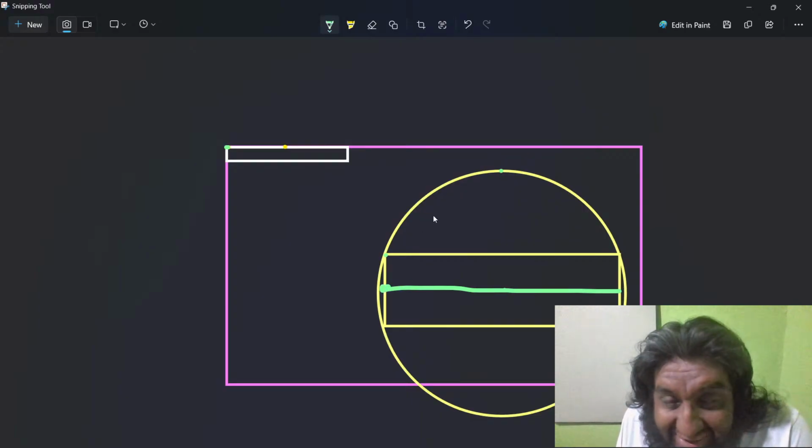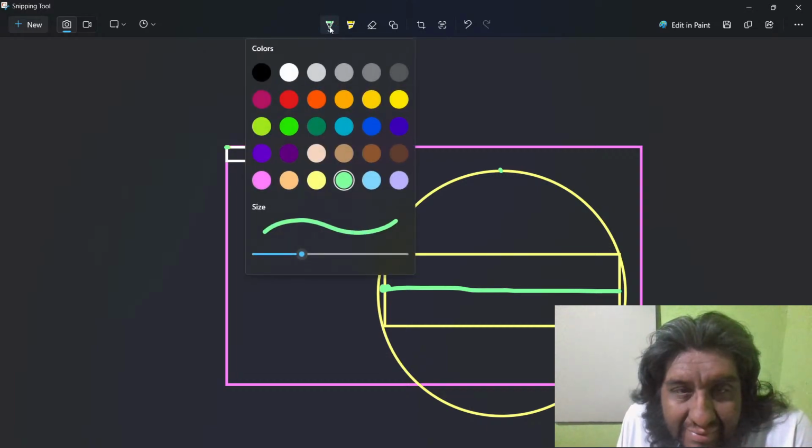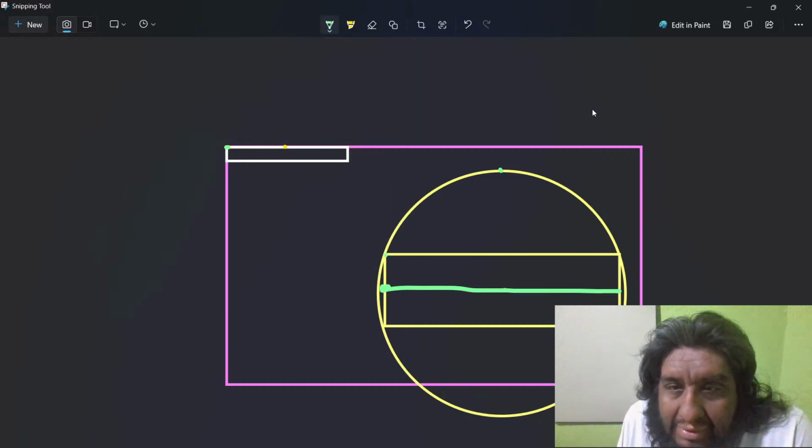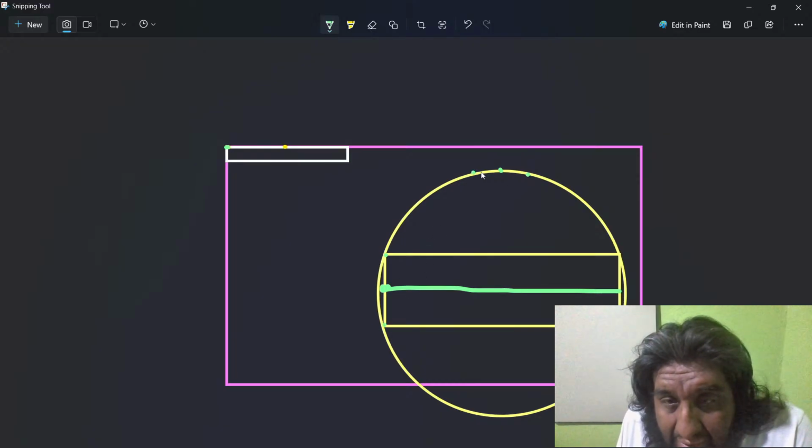This point right here. So this point will be here. This will be here, and this point will be here. And now we can draw our thing like this.